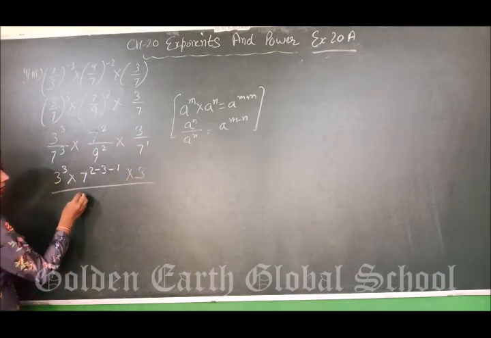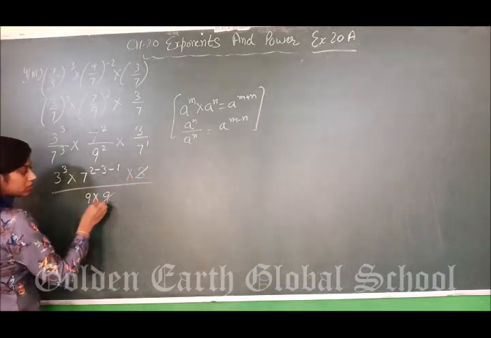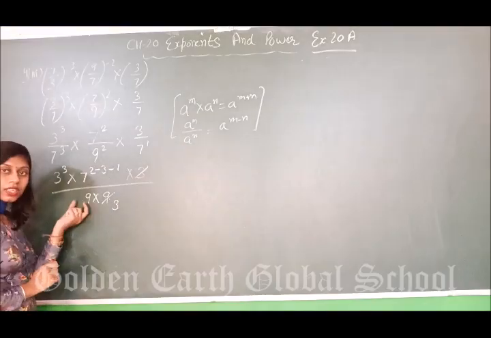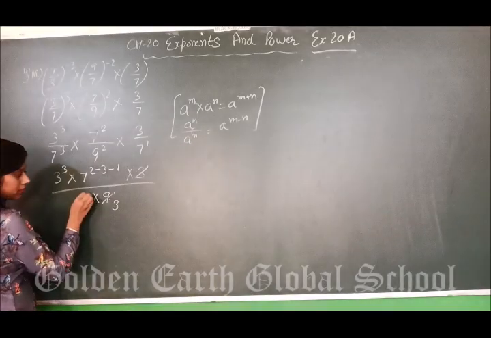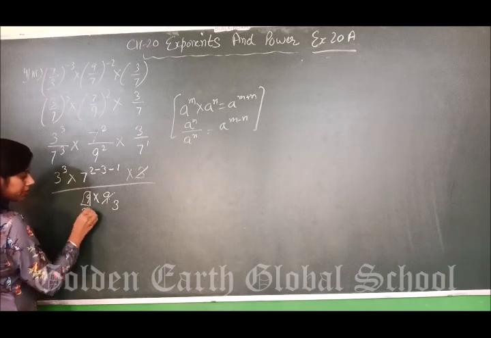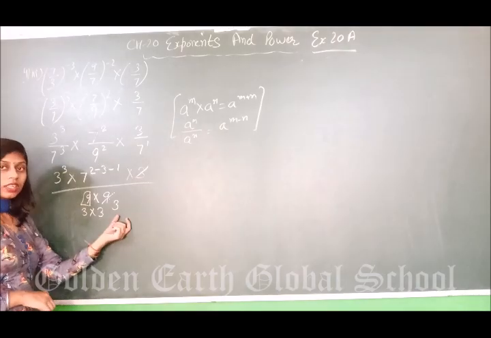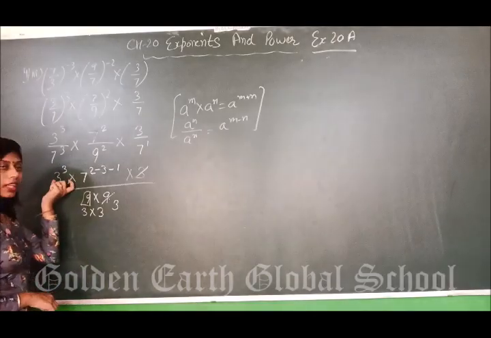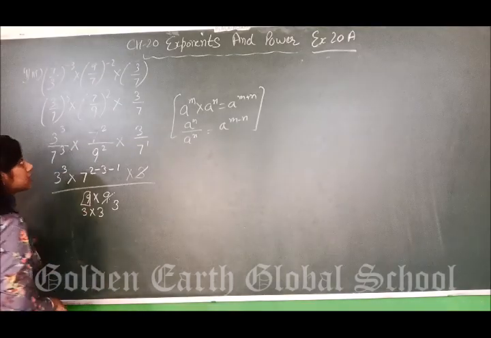Here 9 can be written as 3 into 3. Again this 9 can be written as 3 into 3. Now there are 1, 2, 3 threes here, and again 3 threes here. So it will get cancelled.